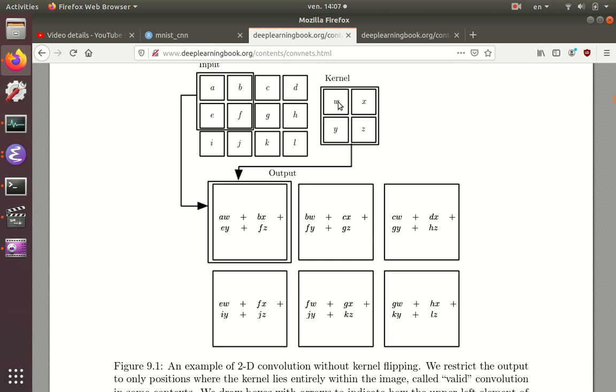And here we have a 2 by 2 kernel. The pixel intensity values are represented by these letters from A to L here, and the kernel weight values, which we are eventually going to learn, are represented by these letters W, X, Y, and Z.